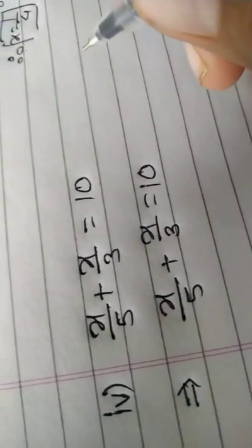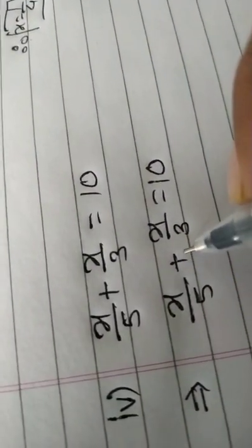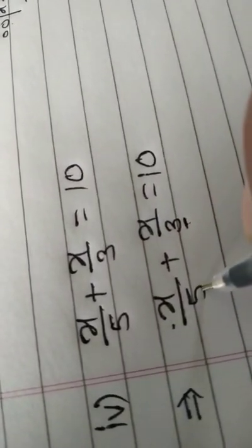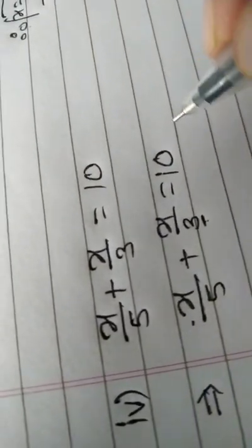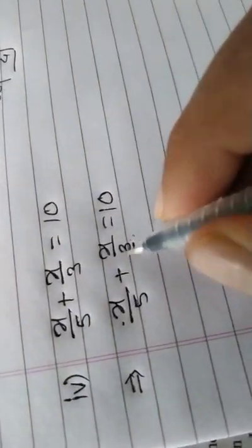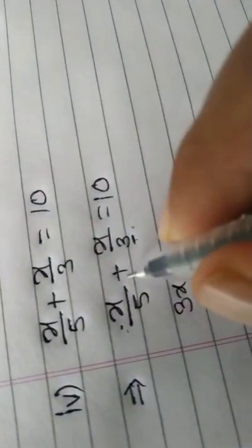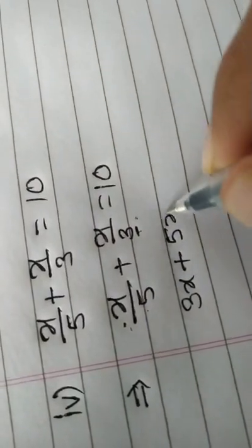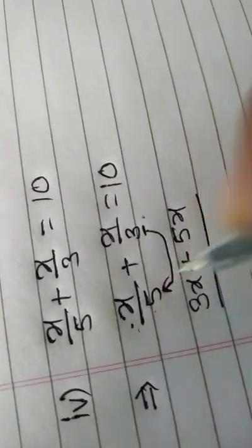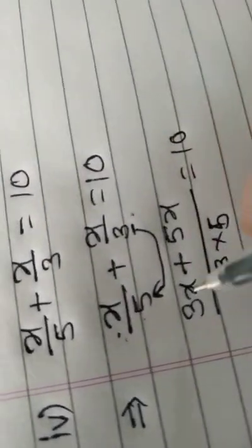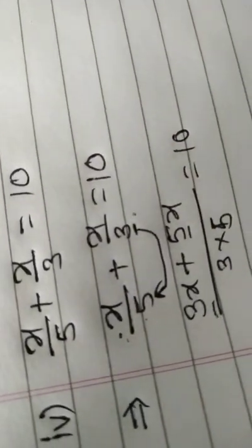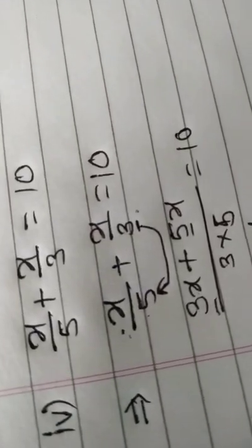We make their denominators equal by cross multiplication: multiply 3 with x and 5 with x, so we get 3x plus 5x upon 3 into 5, is equal to 10. 3x plus 5x is 8x, upon 15, is equal to 10.